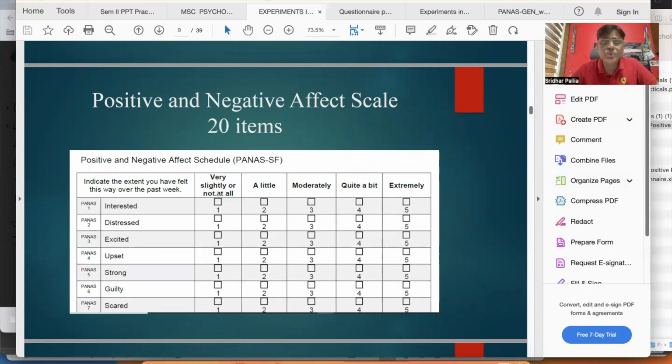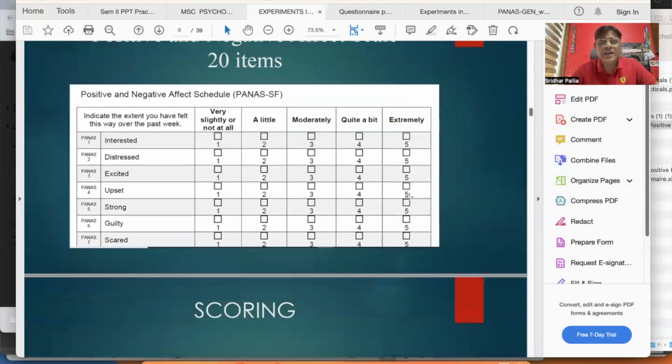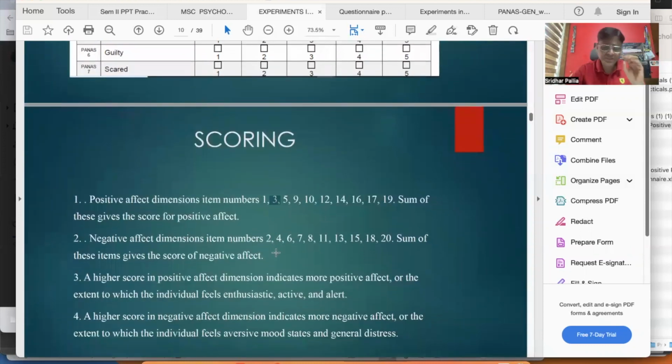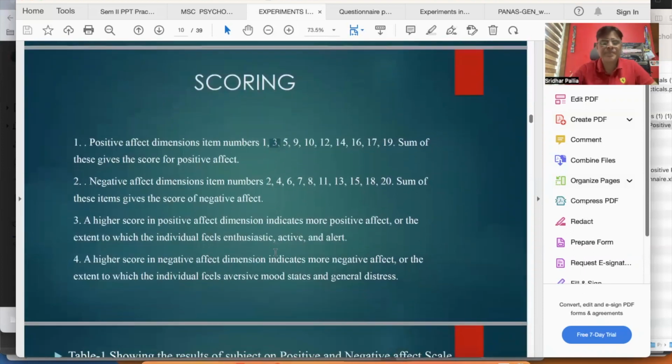A little bit is 2, and 1 for very slightly. Let's say if I scored 5 for the first, and 3 for the next, 5 plus 3 is 8; if it is 2, 5 plus 2 is 7, and so on and so forth. Simple. You sum all the positive questions, and you sum all the negative questions.